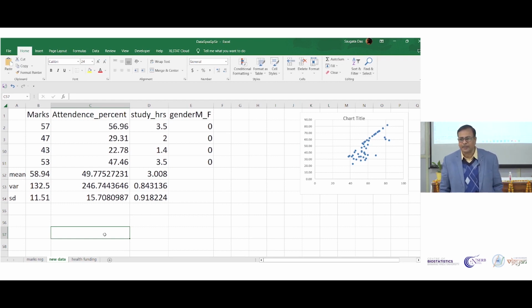Girls get more marks, boys get fewer. Okay, what is the total variation of these three predictors?